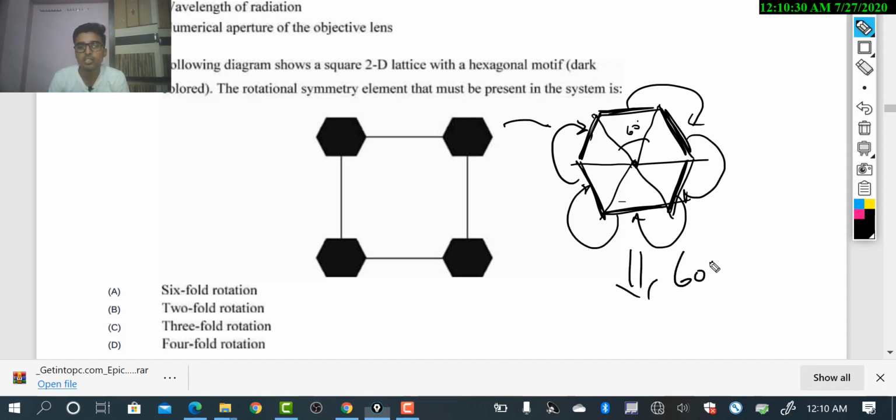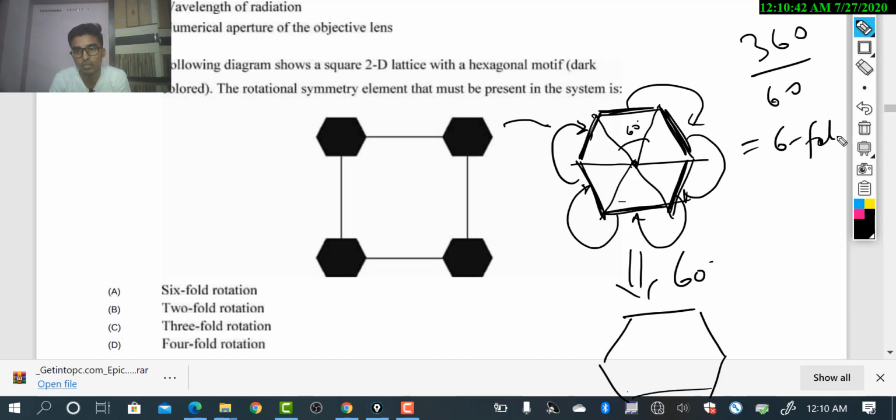After every 60 degrees we get the same object. So 360 by 60, it has 6-fold symmetry, repeating itself every 60 degrees. The square is repeating every 90 degrees, so it is a combination of both.